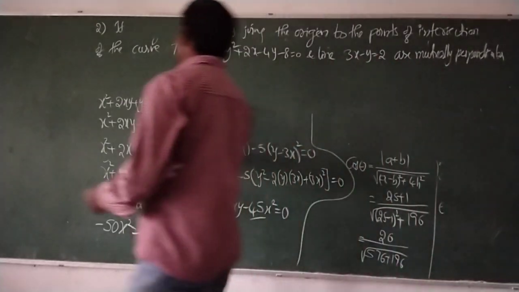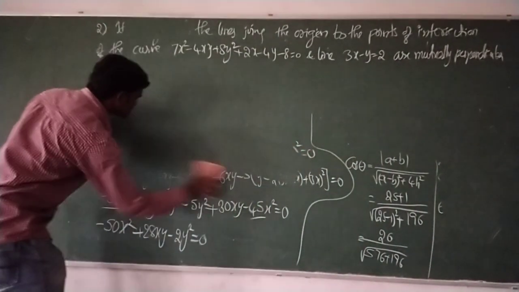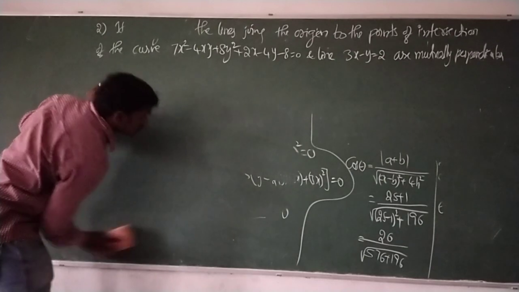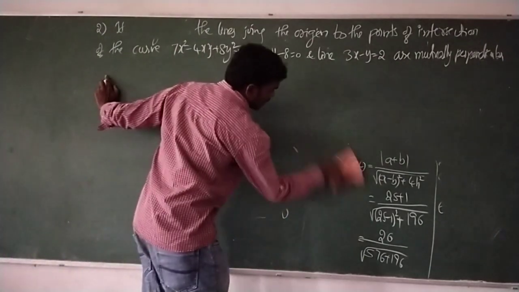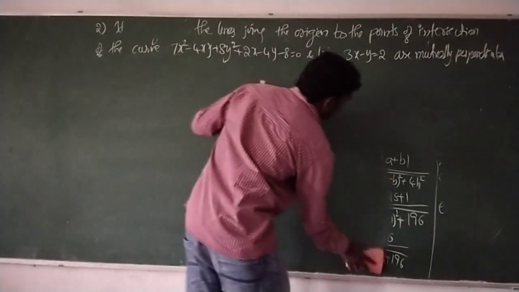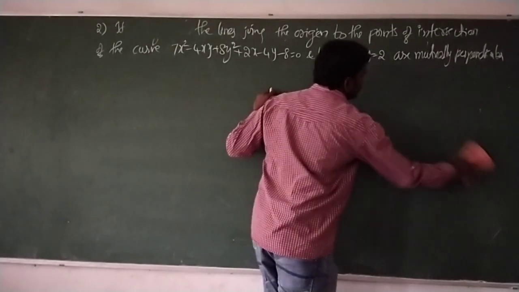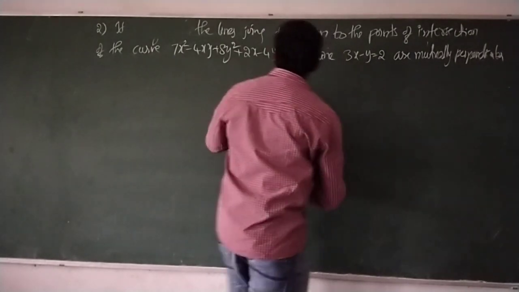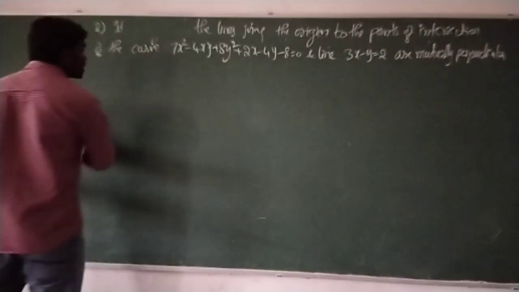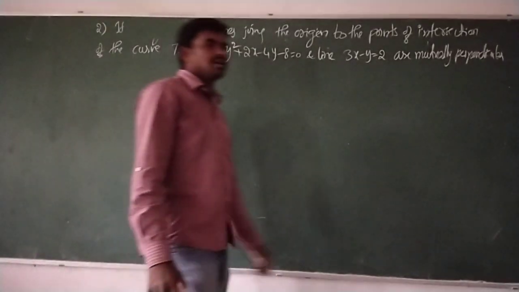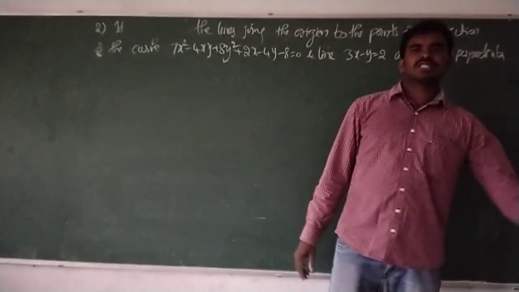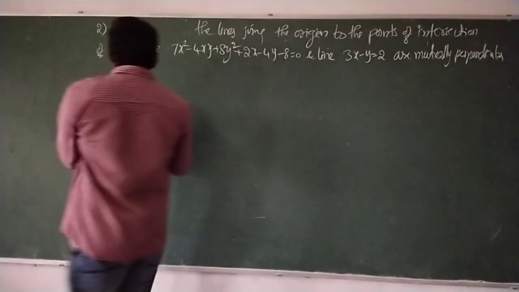Then how to do? Same process. But we should prove that mutually perpendicular. That means what? Cos theta must be 0, means angle must be 90 degrees. Otherwise, the condition perpendicular means a plus b is equal to 0. Same process. Okay. What is the given equation?